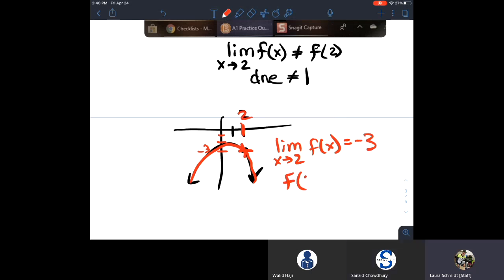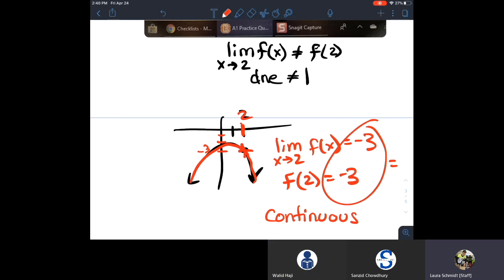And then your value at 2, f of 2, is equal to -3. Since these are both equal, it's a continuous graph. Your left-hand and right-hand limits have to be the same, and the value of your graph at 2 has to be the same as your limit.